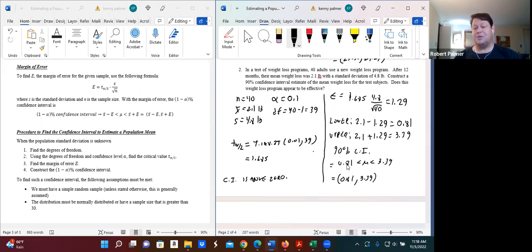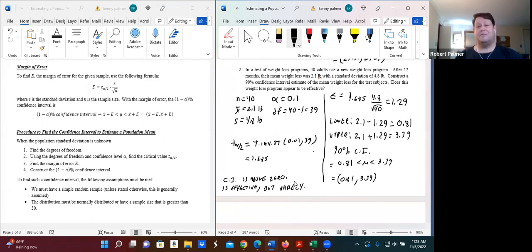The confidence interval is entirely above 0. That means that people on average are losing weight. So I'll say it is effective, but barely, based on the data.